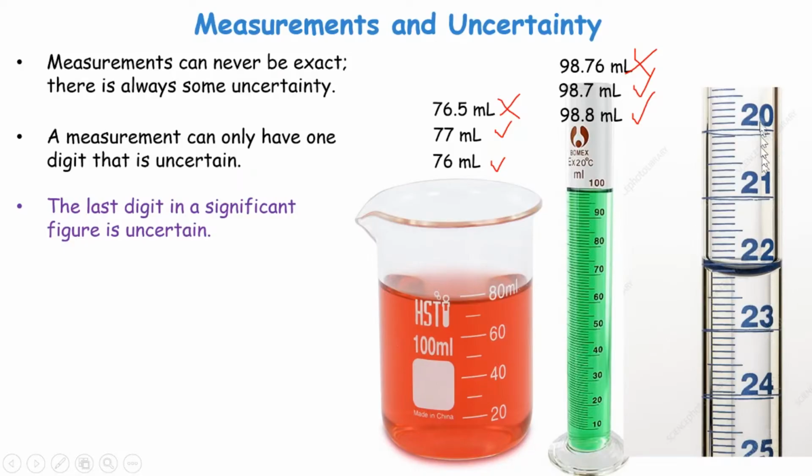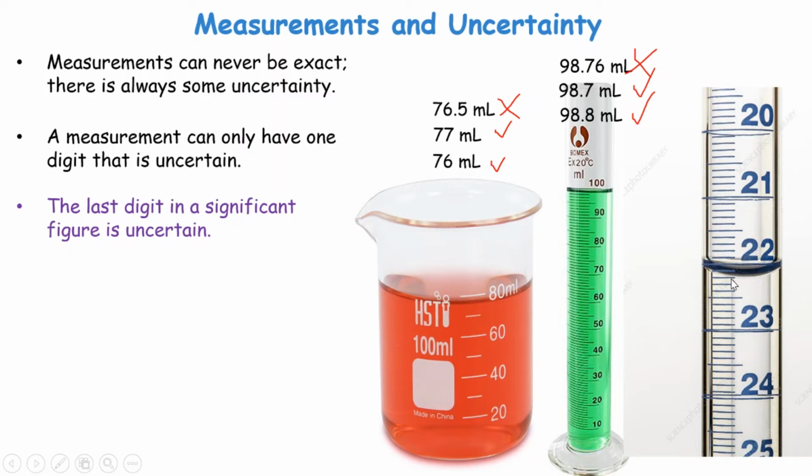For a buret, you have to read from top to bottom. That's 20 milliliters, 21, 22, and this is 23 right here. That's 22.5, and this is 22.1, this is 22.2.